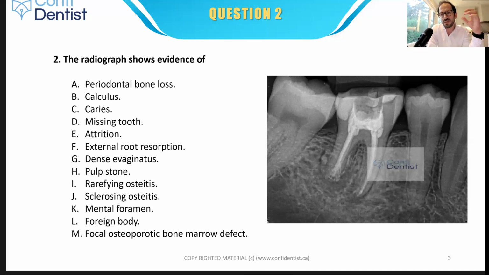So for example, the holder for the sensor, I don't choose foreign body for that for this exam. Or if I see amalgam particles in the oral cavity, I don't select foreign body. But if I see amalgam particles inside the gum, then I select foreign body for that.